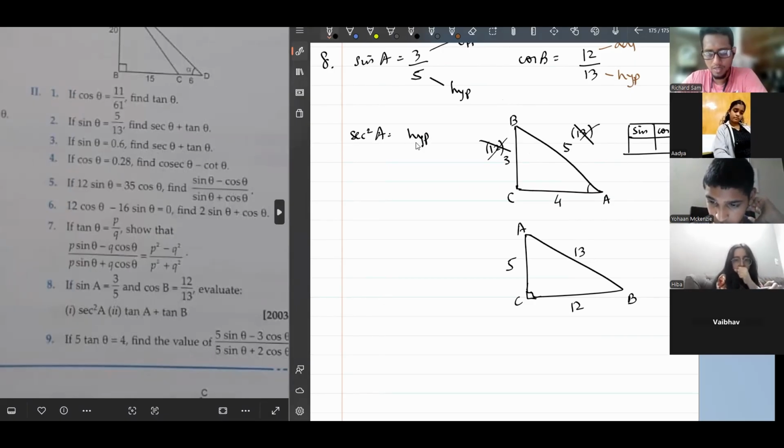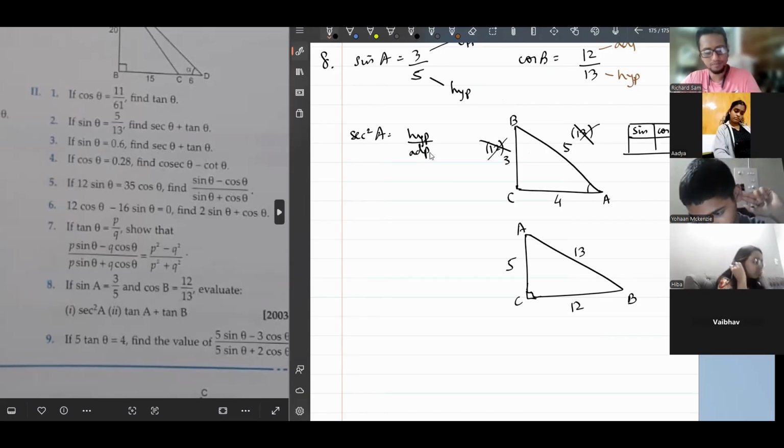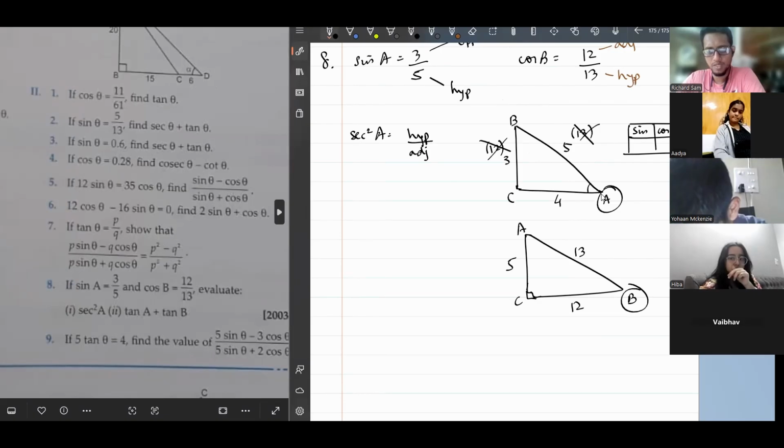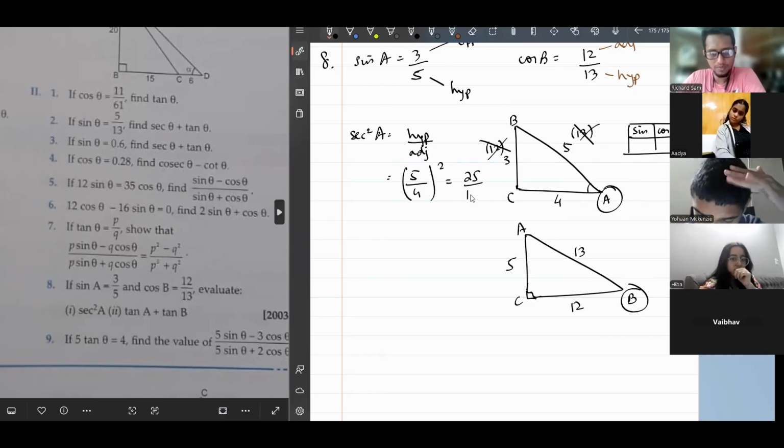So for this triangle, where A is your main angle, hypotenuse is 5 and adjacent is 4. Since it's sec square A, you have to put a square. So the answer is 25 upon 16.